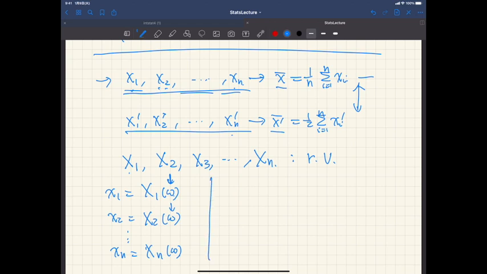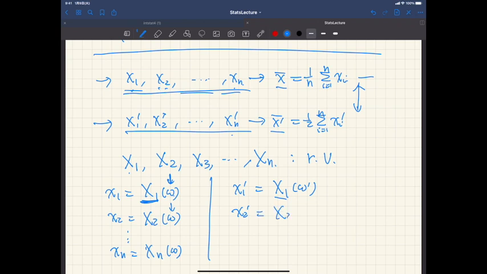And next year, we are having a different outcome. So x1 prime is a realization of the same random variable x1, but with a different outcome from the sample space.